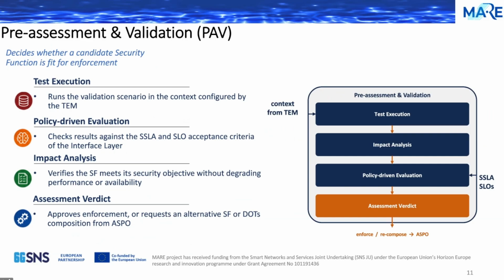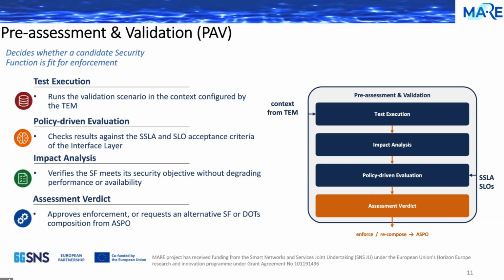And finally, the pre-assessment and validation decides whether a candidate security function is fit for enforcement. Initially, we have the test execution, so the validation scenario is run. We have the policy-driven evaluation that checks the results against the SLA and the SLO acceptance criteria. These are provided from the interface layer.